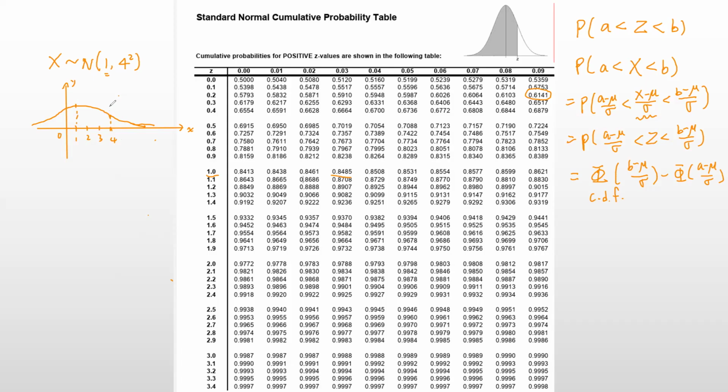So X greater than negative 3.12 and less than 2.16 means this area, with negative 3.12 and 2.16 somewhere here. This is the area we are looking for.